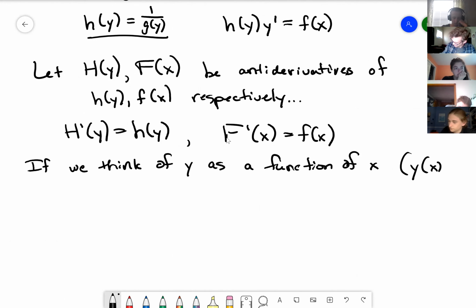So we're thinking of y as a solution to this ODE, right? Solution will be a function of x. So y will be a function of x.